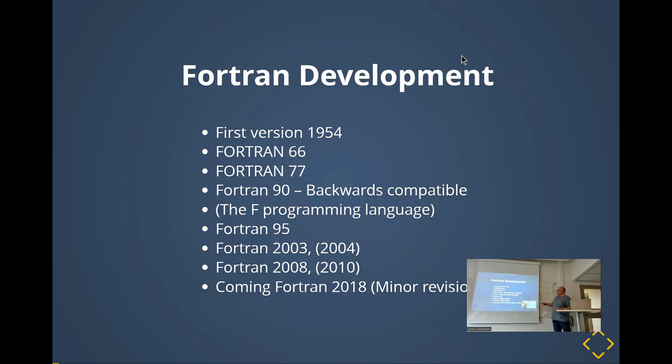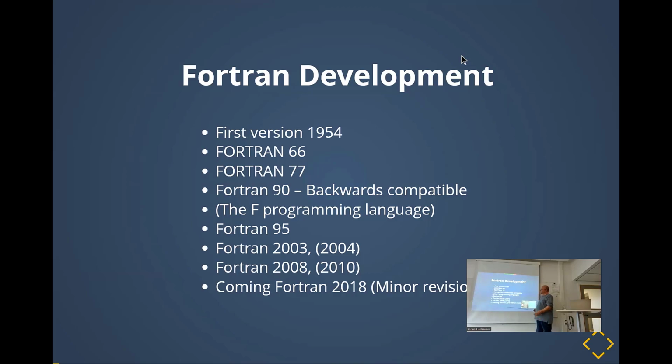There has also been an interlude here with something called the F programming language, where they tried to remove all the backwards compatibility stuff to make it really stand out, but nobody really used it because backwards compatibility is important. There was a minor update, Fortran 95, which removed some really ancient stuff in the standard, but basically it was Fortran 90 with some bug fixes.